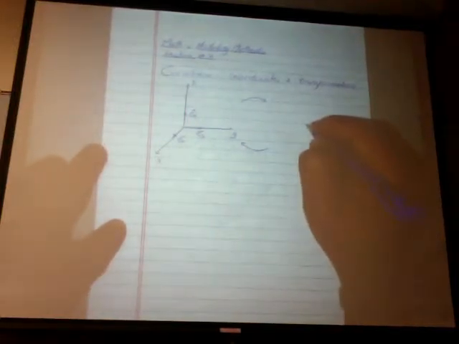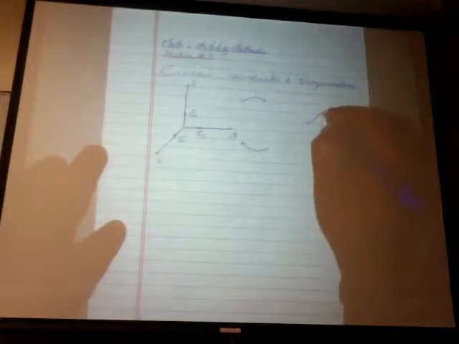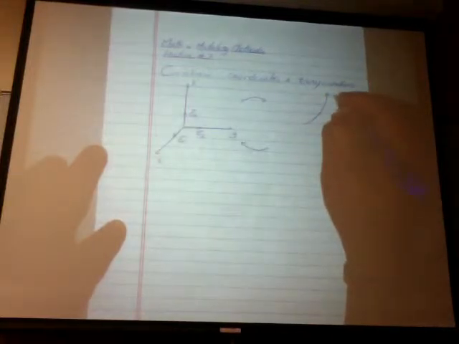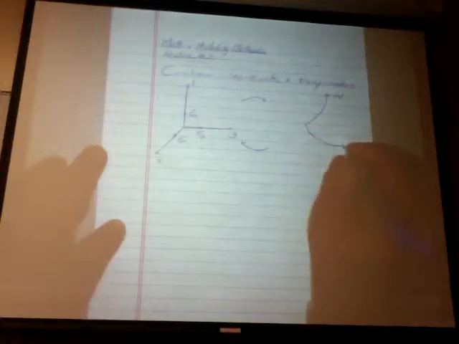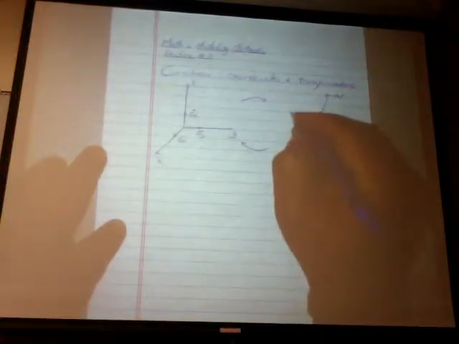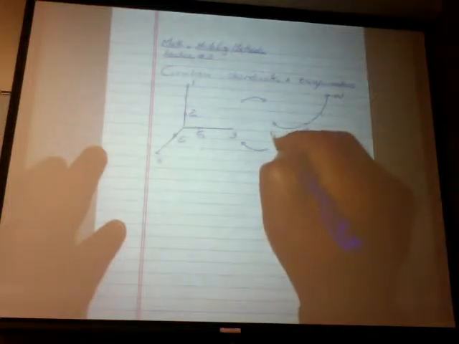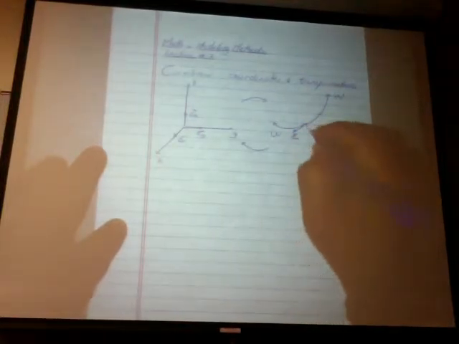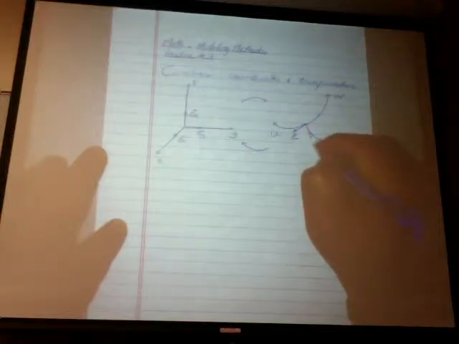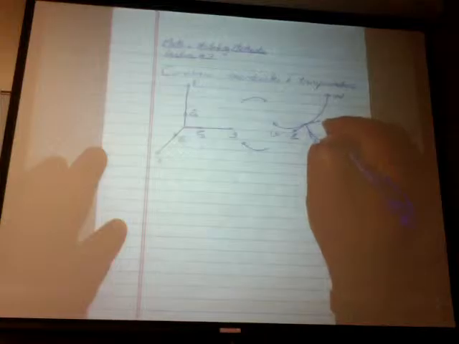You can transform this to a system where the coordinates might look curved like this, and we can call those coordinates perhaps u, v, w, and there will be tangent vectors eu, ev, and ew.